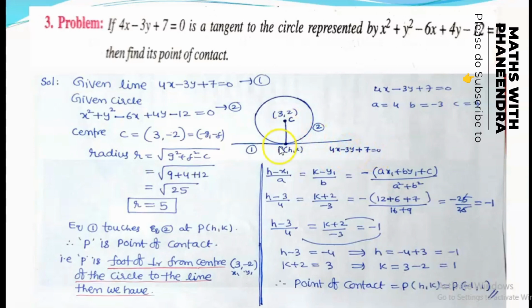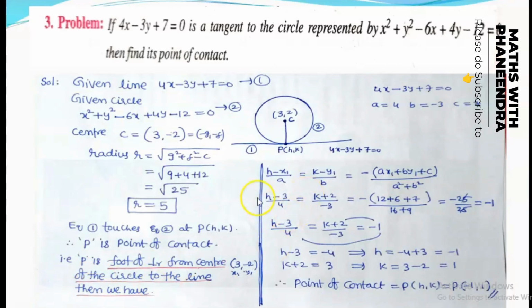Whenever it is the foot of the perpendicular, go to the first year concept, the foot of the perpendicular formula. The center coordinates you have to write as x1 y1, that is 3 comma minus 2. P of h comma k is the required point of contact with respect to the line 4x minus 3y plus 7 equal to 0. Here P is the foot of the perpendicular from the center 3 comma minus 2 of the circle to the line.